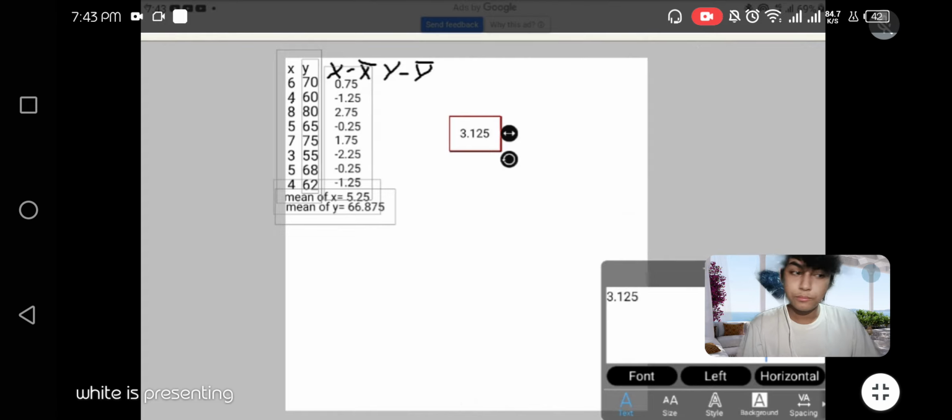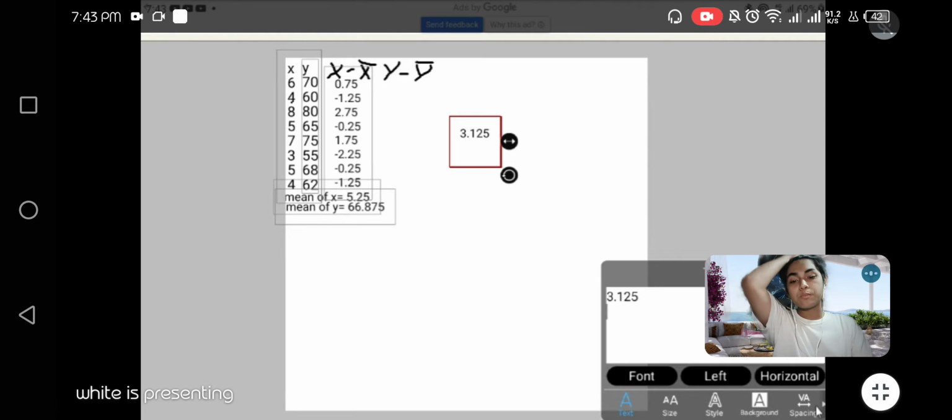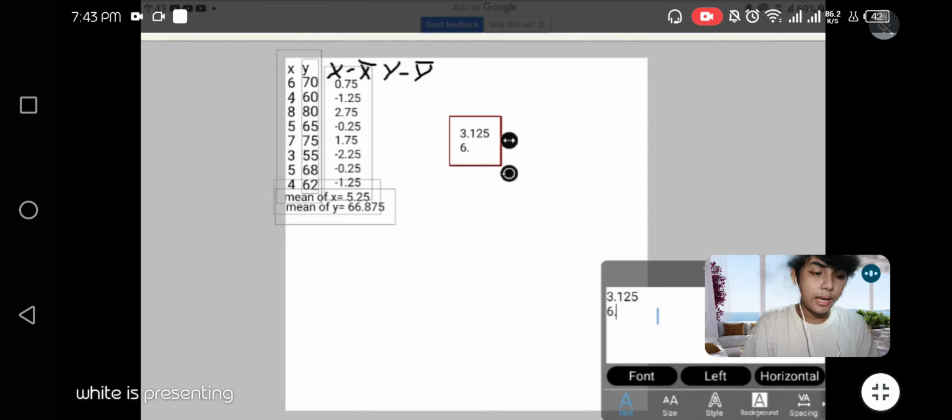Next is the negative 1.25. No. 60 minus 66.875 is equal to 6.875.